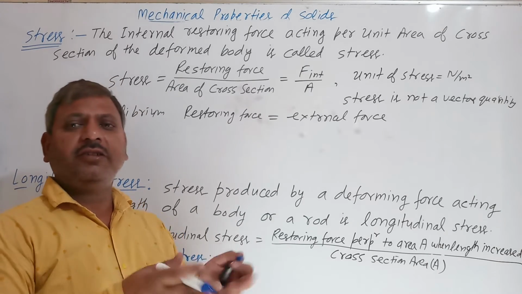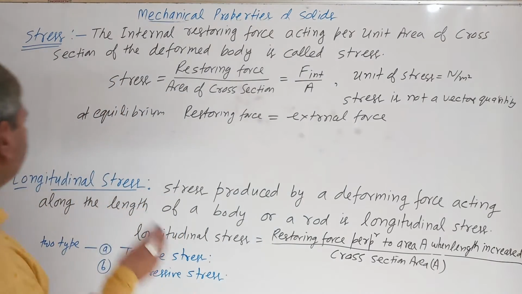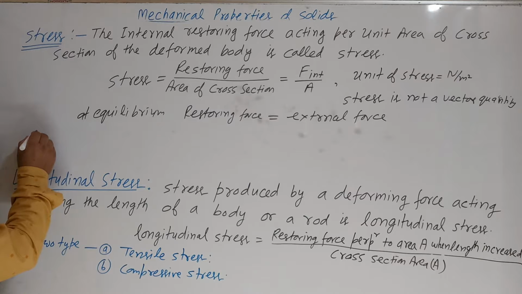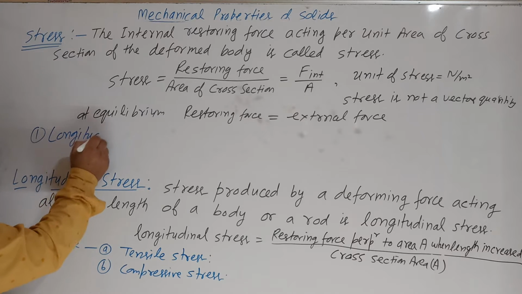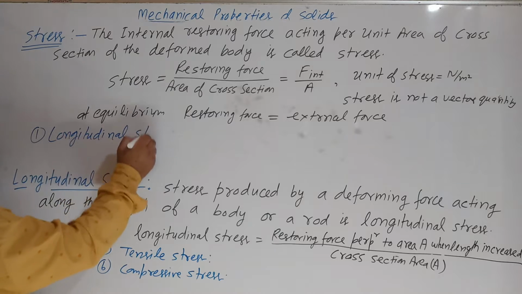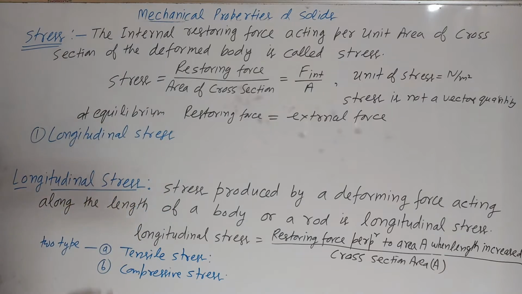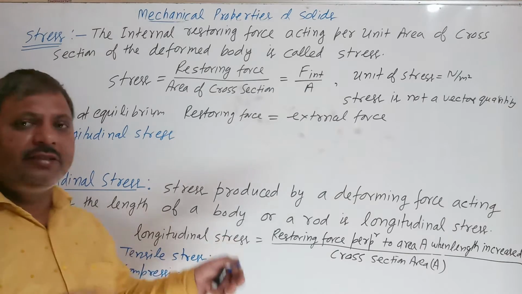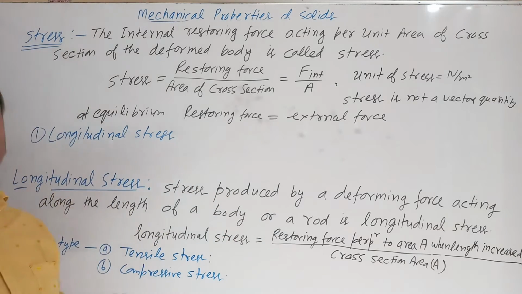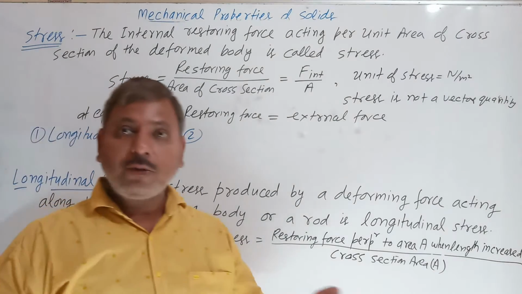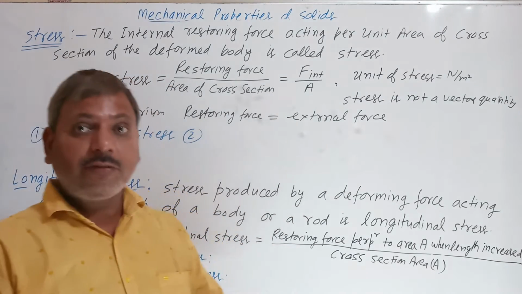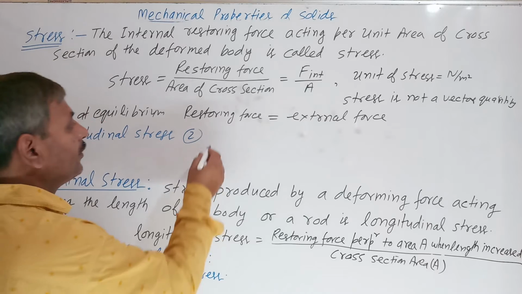This stress can be divided into three parts. First, longitudinal stress, where there is a longitudinal strain, or change in length. Second, volumetric stress, when there is a change in volume due to stress.